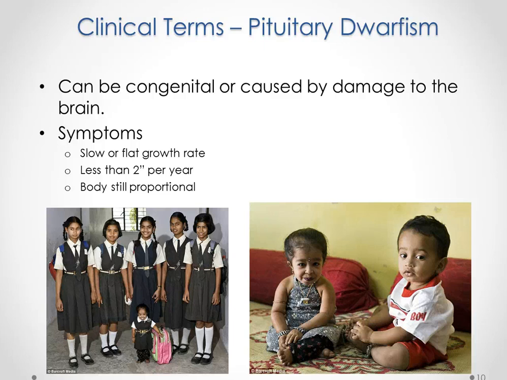A lot of times, if caught early enough, an individual taking the growth hormone replacement therapy will have the same stature as other individuals of their age. Could be a little bit shorter in stature, but if taken early enough, the body will maintain the same growth as an individual with normal amounts of growth hormone.